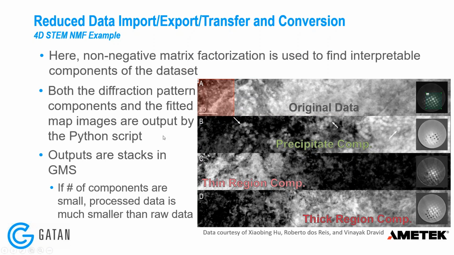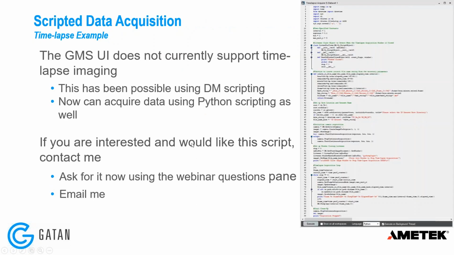And again, the processed data here is much, much smaller than the raw data. So if I wanted to further analyze these precipitate particles, I could transfer and maybe email myself this image rather than the entire 4 gigabyte data set.